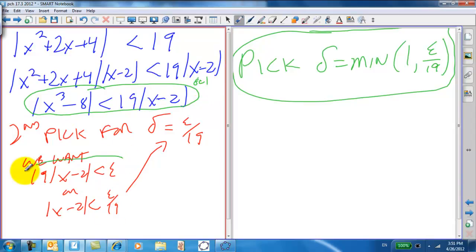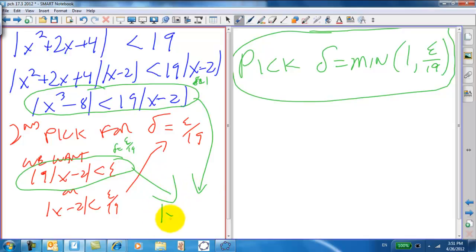This inequality comes from delta equals epsilon over 19. By making sure I pick the smaller of those two deltas, I'll guarantee that both these are true, and then by the transitive property of inequality, those two will force the absolute value of x cubed minus 8 to be less than epsilon, or, in other words, absolute value of f of x minus L is less than epsilon. And that'll be true for all epsilon.